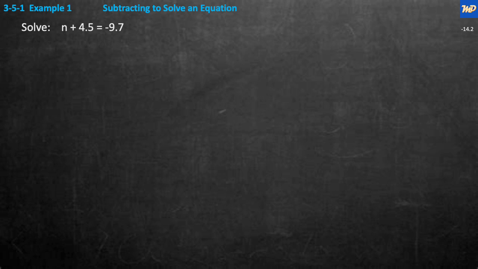So we have to add a negative 4.5 to both sides. So we would say minus 4.5 plus n plus 4.5 is equal to negative 9.7, and we subtract 4.5 from both sides. Then when we go back to the left side, we see there's a plus and a minus 4.5, so now they will cancel.